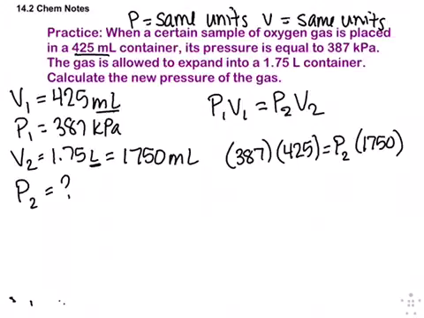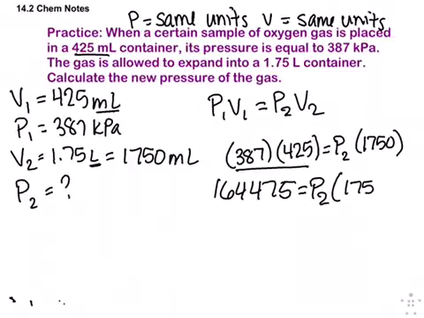Do you need me to do the algebra to solve for P2? Yes. All right. So first step, multiply 387 times 425, and you should get 164475 equals P2 times 1750.